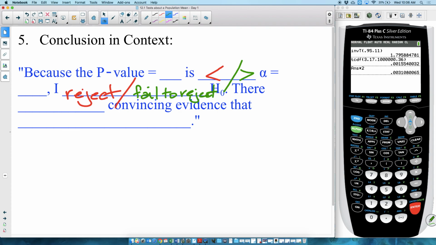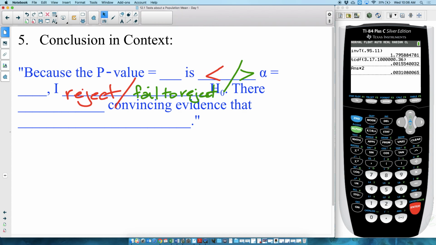This will save you a whole sentence worth of writing. You can write, because the p-value, 0.002, is less than alpha equals 0.05, I reject H naught. I literally write the letter H with the naught symbol, period.